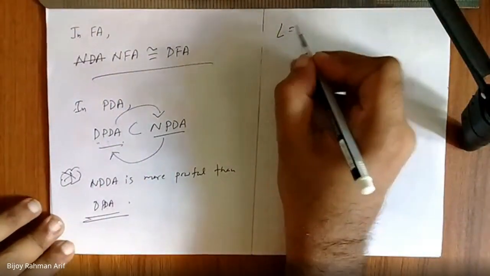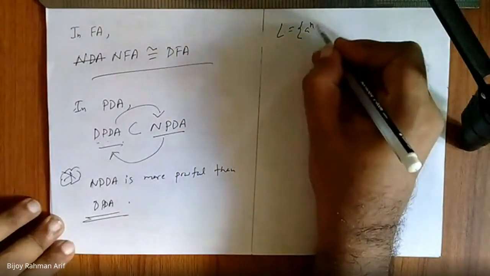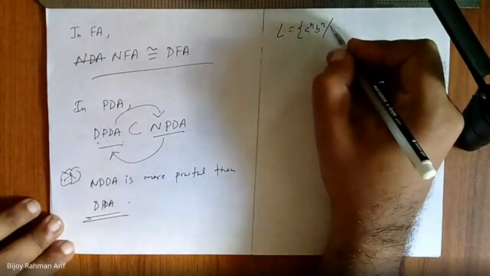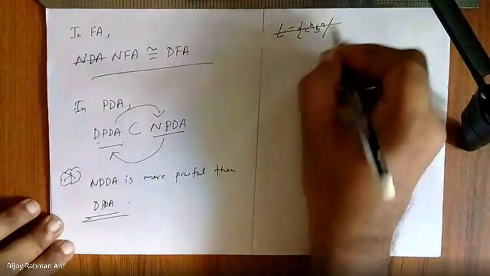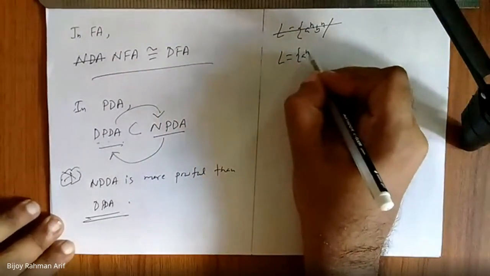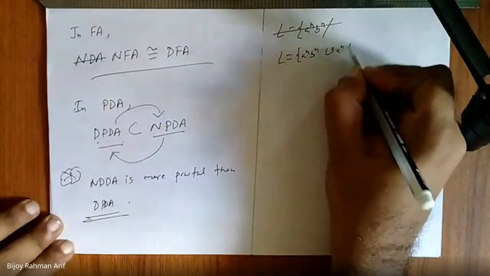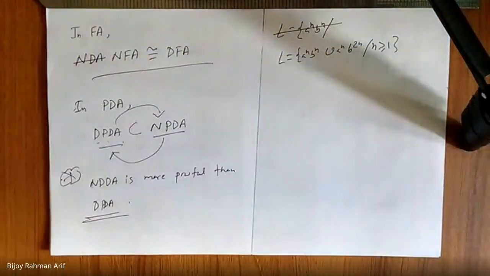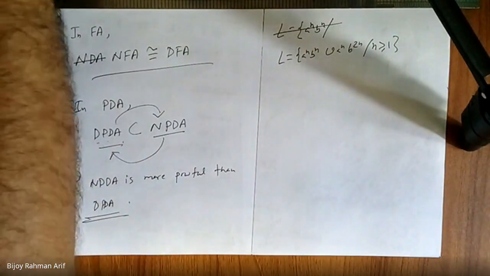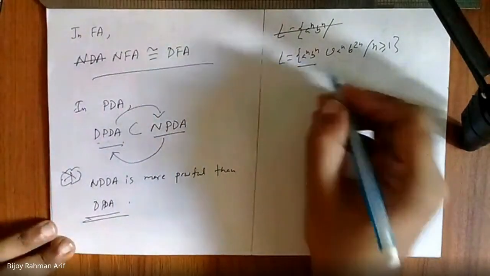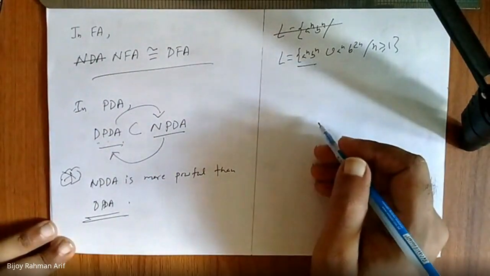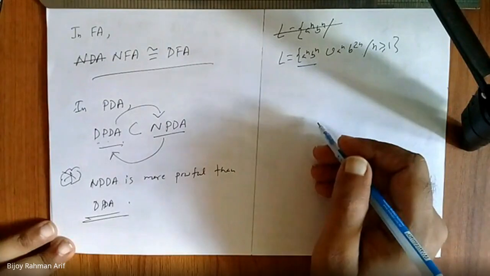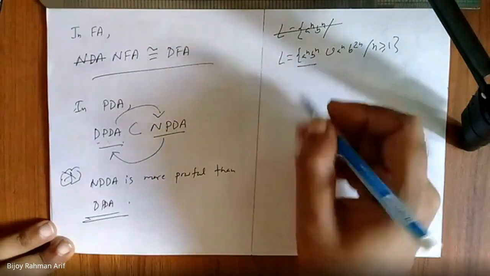L derives a^n b^n union a^n b^2n, n greater than or equal to 1. So how can you draw this? We already know the solution of this. Separately, we know the solution. So this one is like this. This one is what?